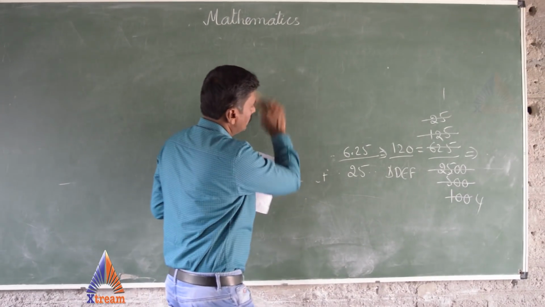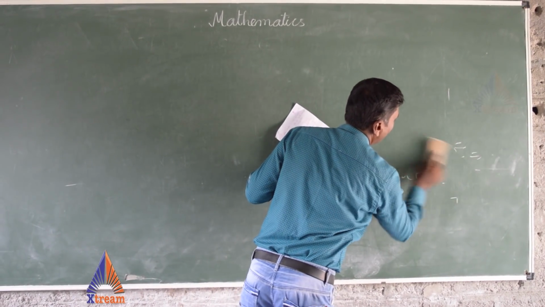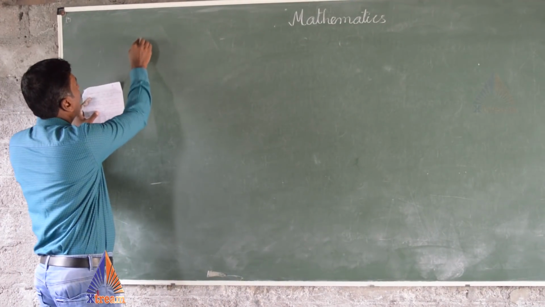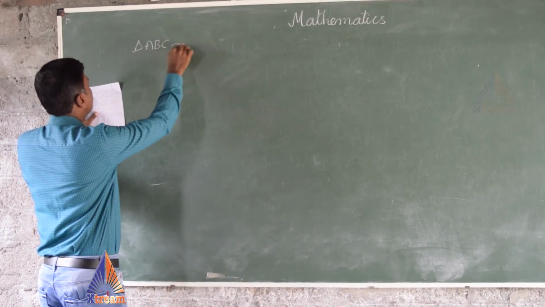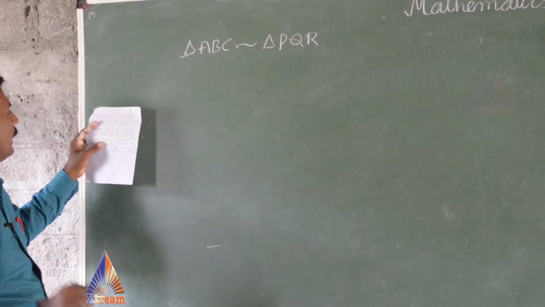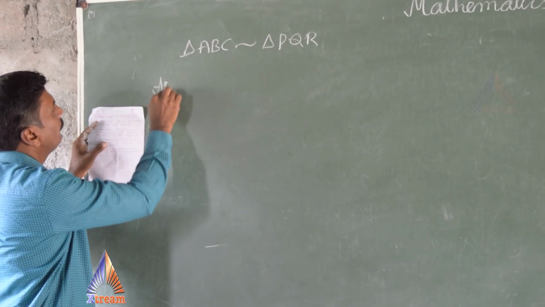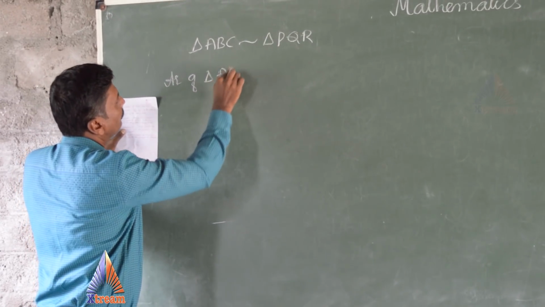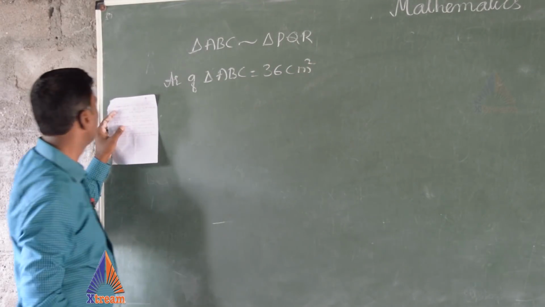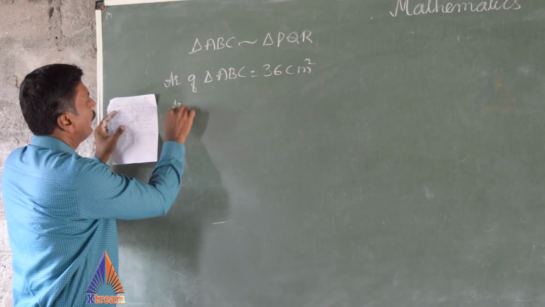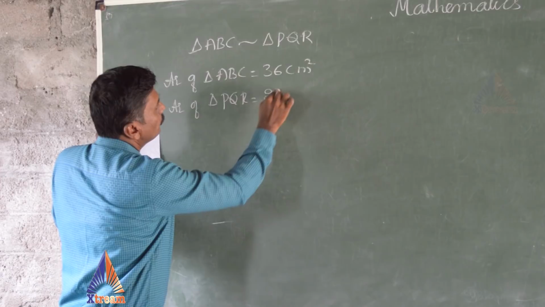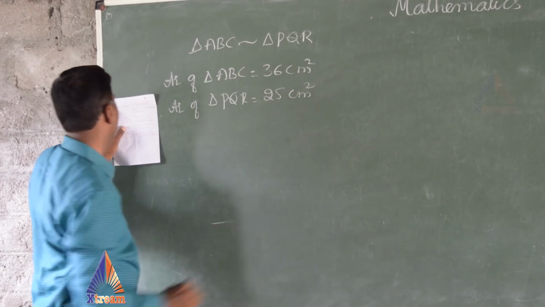Now let me solve the next rider. Here triangle ABC is similar to triangle PQR, and area of triangle ABC is equal to 36 square centimeters, and area of triangle PQR is equal to 25 square centimeters.